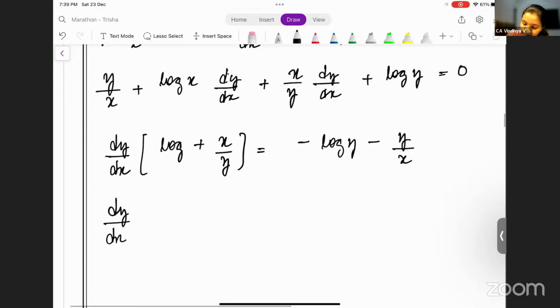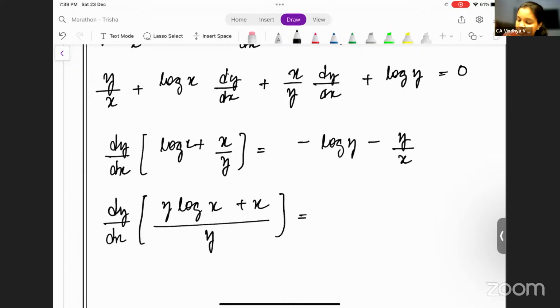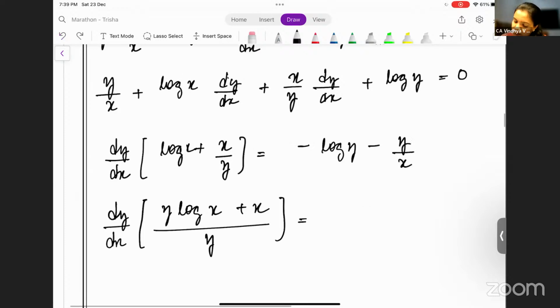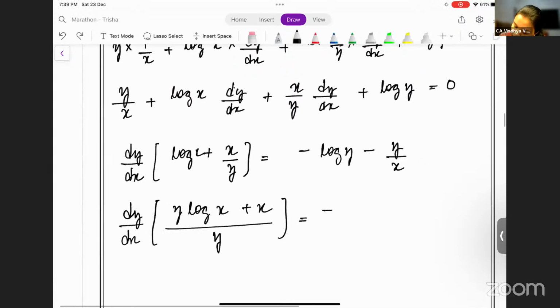Dy by dx into (y log x plus x) by y is equal to minus, take minus outside, minus (x log y plus y) divided by x.